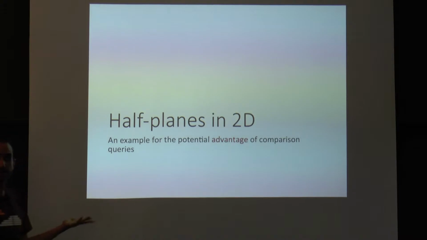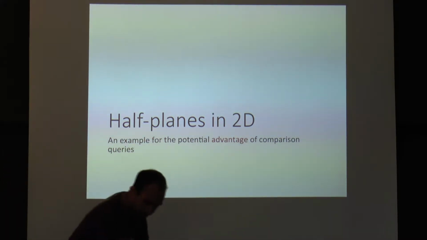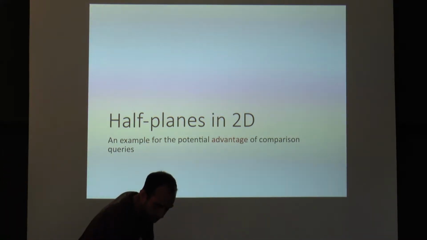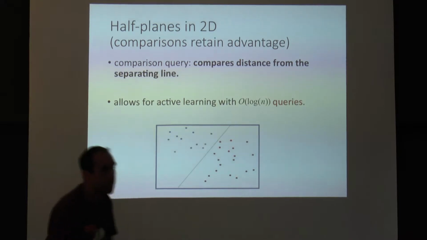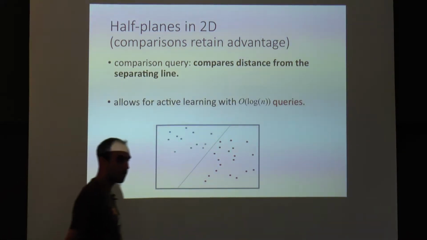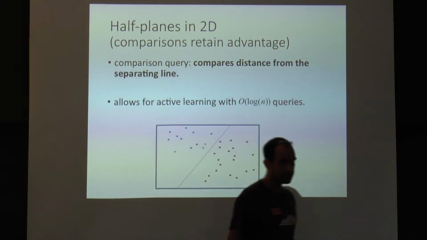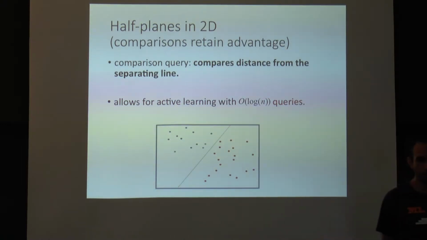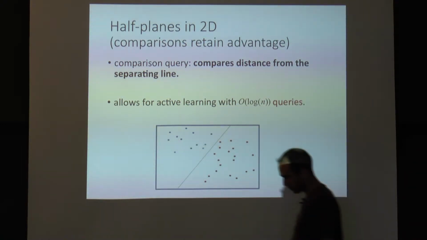So let's see how it already remedies the situation in 2 dimensions. Before in 2 dimensions, we showed if you only need label queries, we need n of them. Now I'll show that we can retain the logarithmic dependence. So maybe, Shay, another natural thing is to query if g of x is the real value, right? Yes. And try to minimize the loss g of x over the data.